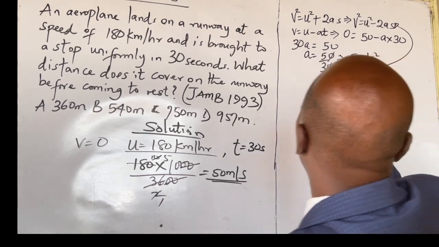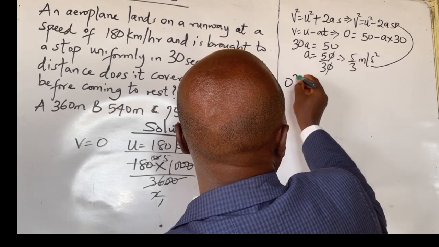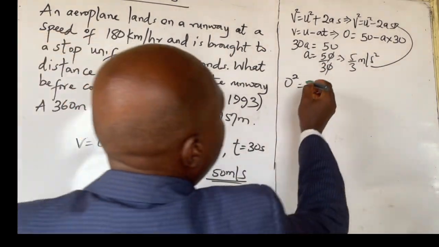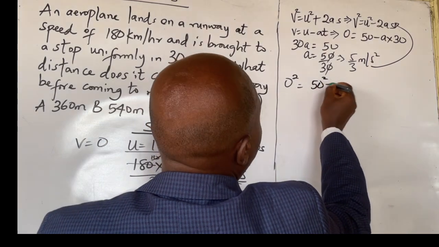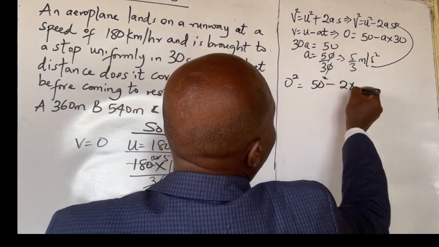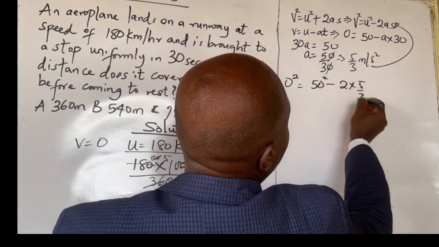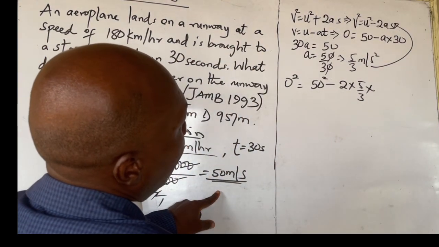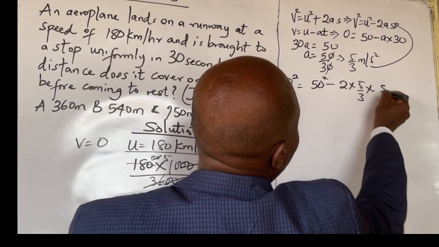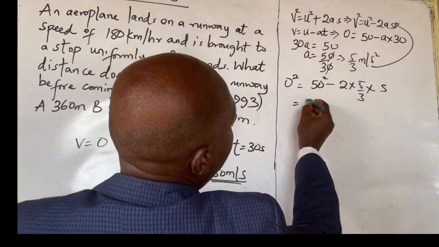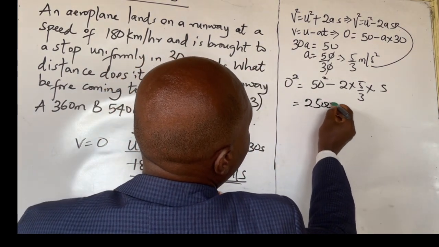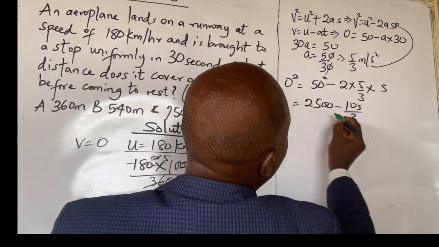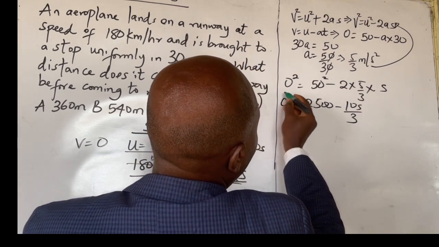So we have v squared, which is already 0. u squared is 50 squared, minus 2, our acceleration is 5 over 3, and our distance is s. So 50 squared means 2500 minus 10s over 3, and this is 0.